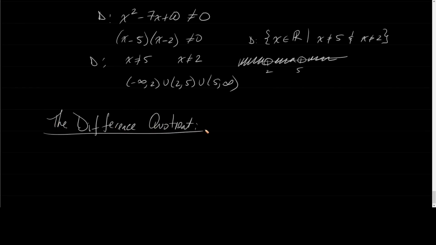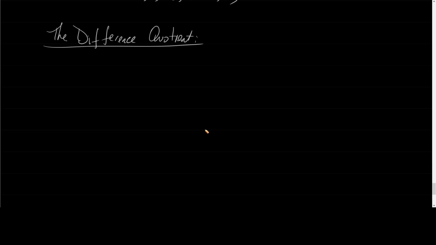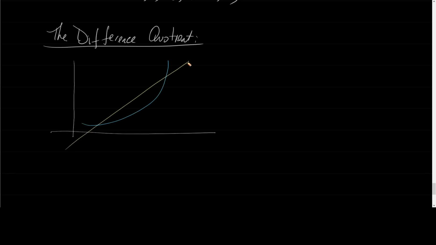Difference quotient is something that you've probably seen already. First, let me tell you what it is graphically. If I have some curve, and I've got a line going through that curve.